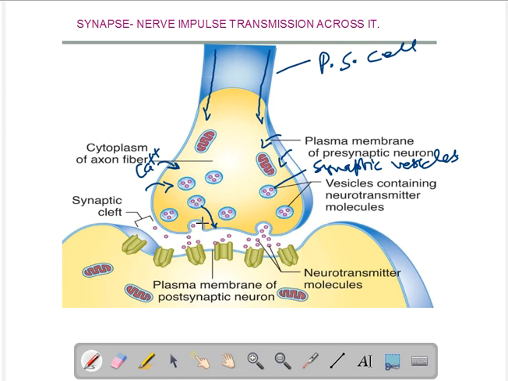You can see that they have fused with the presynaptic membrane facing the synaptic cleft, and in turn they release the molecules that they contain into this gap. Now these molecules that are released into the gap are called neurotransmitter molecules. An example of a neurotransmitter molecule is acetylcholine.